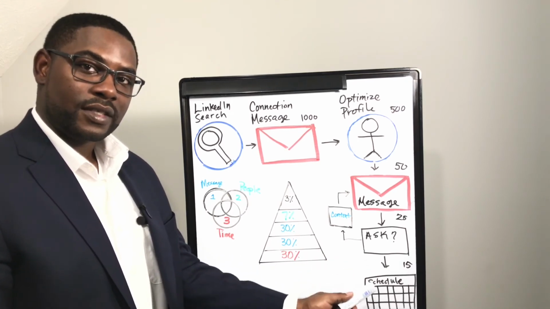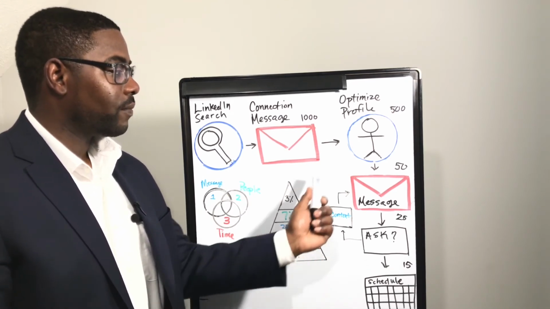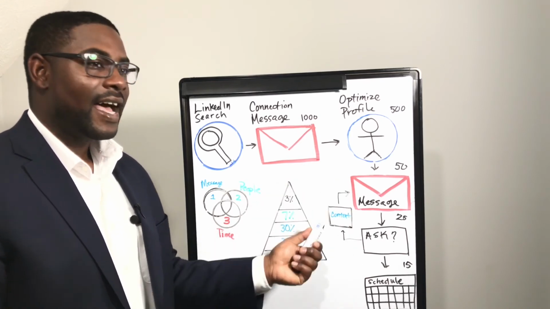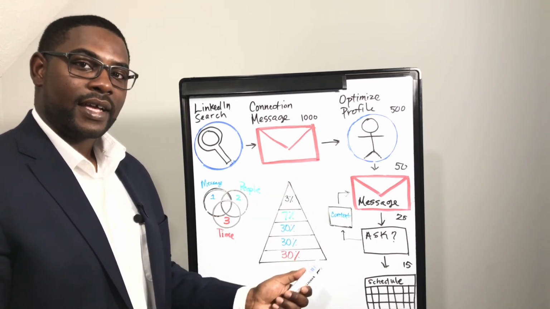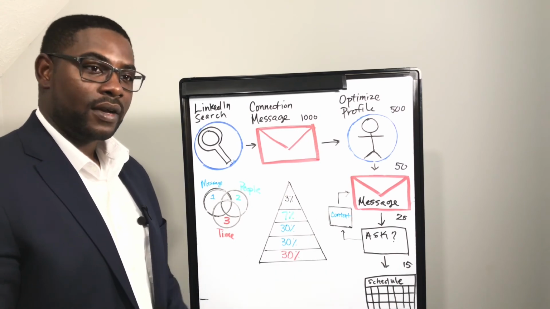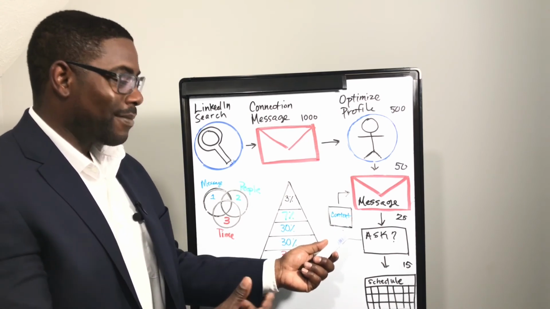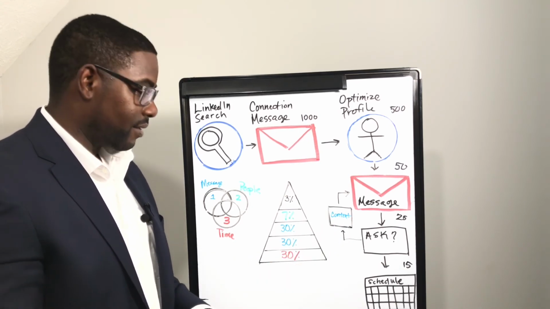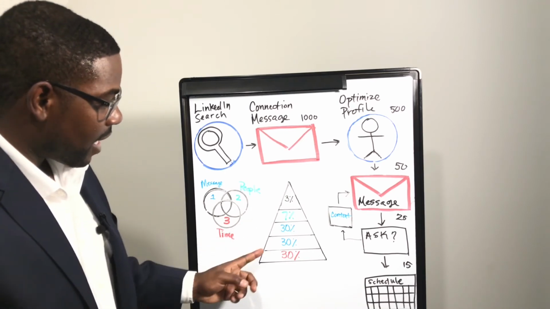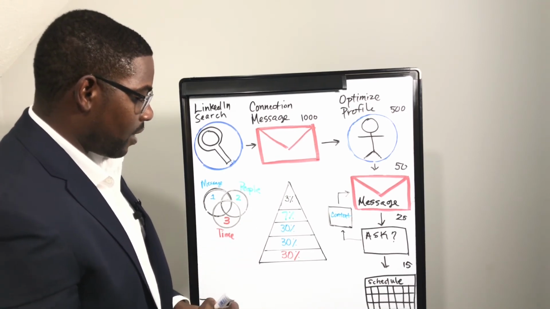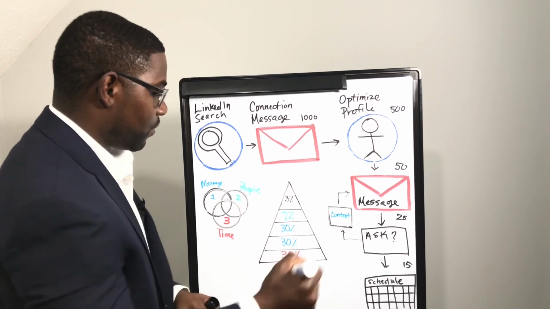But we don't want to just stop there. We want to make sure that we're following up with those other individuals, and that content is going to serve as a follow-up and a reminder for those individuals that it may not have just been the right time for them.